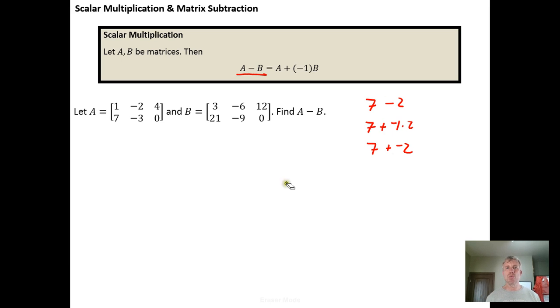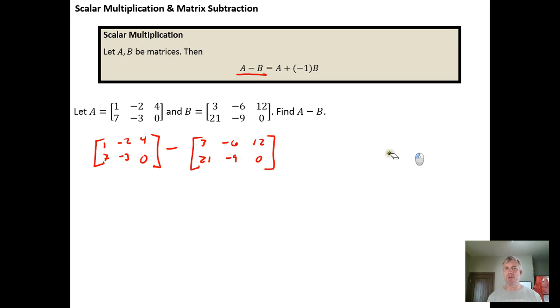The same principle holds when you're working with matrices. So if I want to do A minus B, I have 1, -2, 4, 7, -3, 0, minus the matrix 3, -6, 12, 21, -9, and 0.